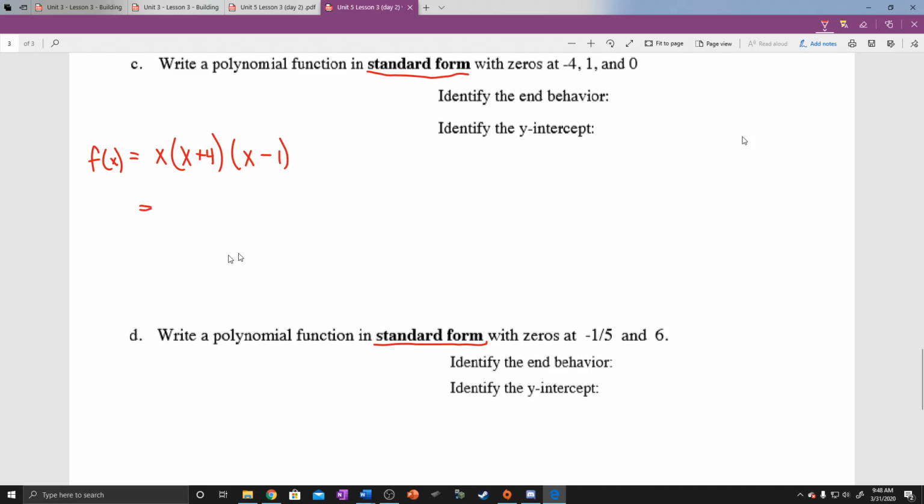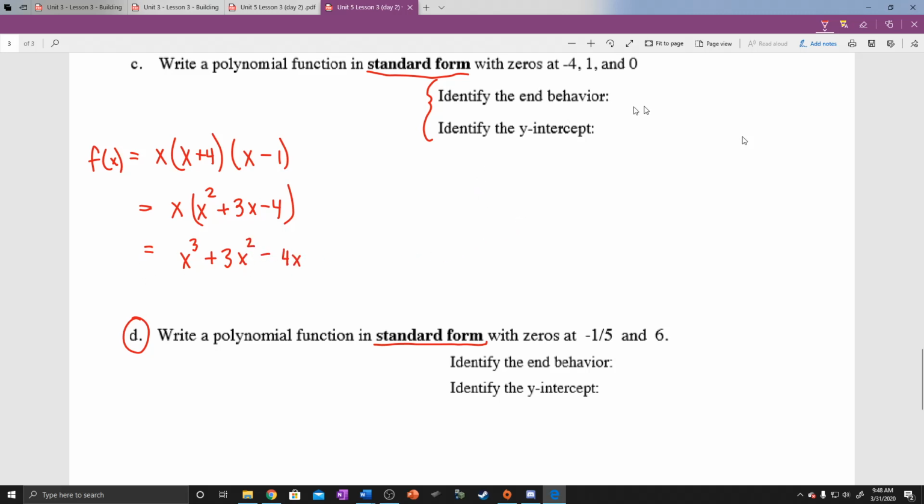Let's actually expand it, because I want to review a couple other things. If you factor out this quadratic, you're going to have x squared plus 3x minus 4. And then when you distribute this x through, it's just going to increase everything's degree. So this would become x cubed plus 3x squared minus 4x.